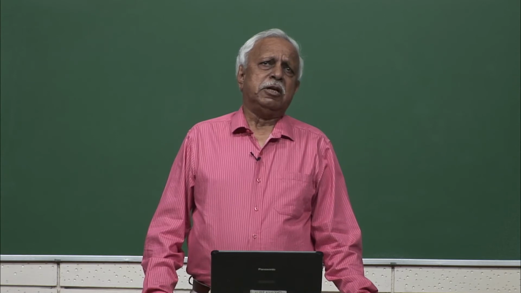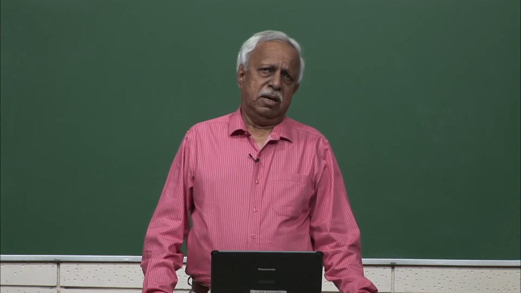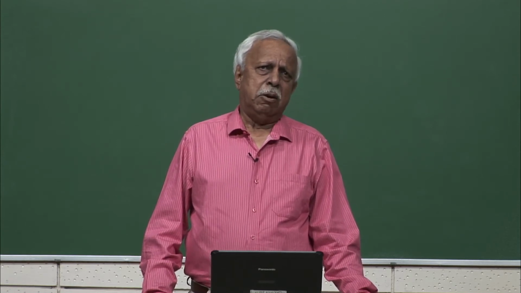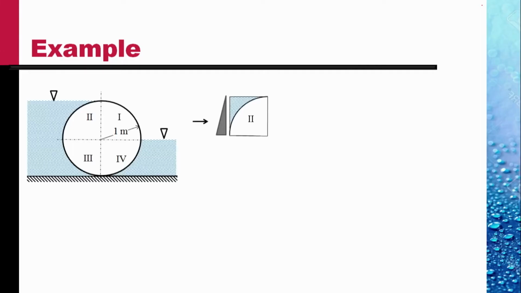The vertically projected area, of course, is a rectangle of depth 1 meter. So, the depth of the centroid would be 1/2 meter. On quadrant 3, the gray pressure prism is the force on quadrant 3.